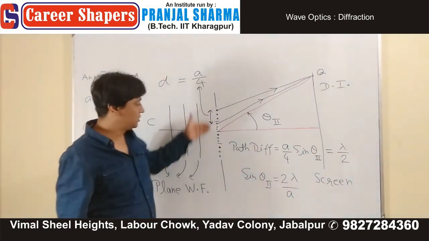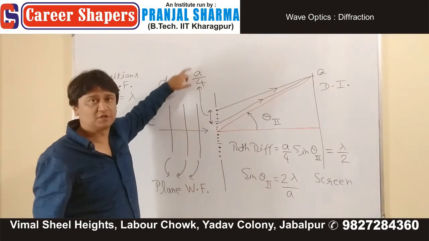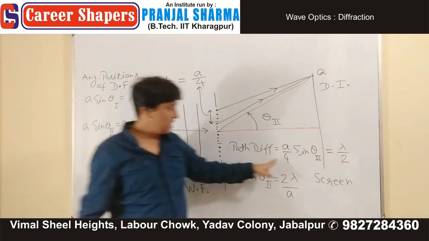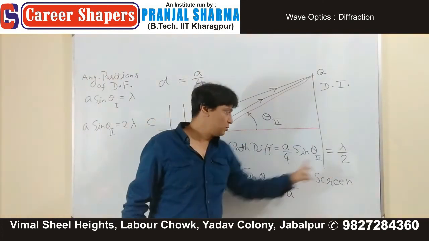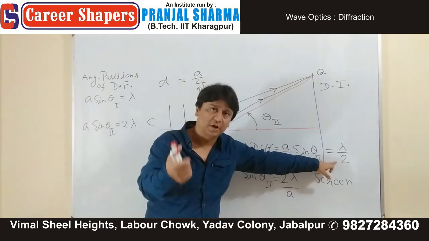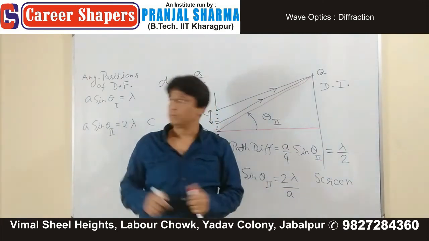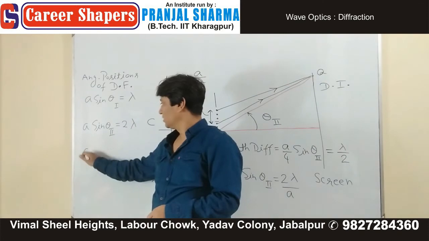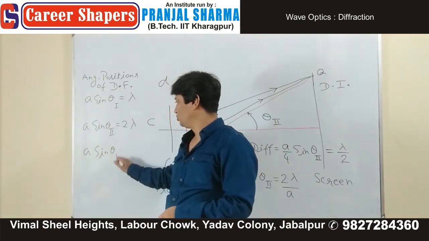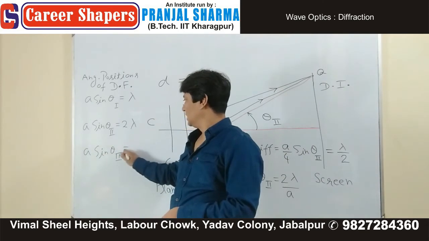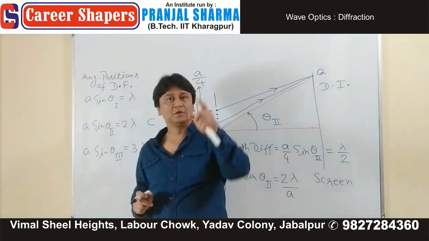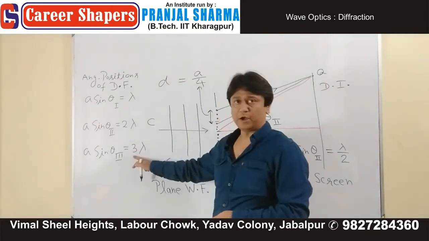If you divide the whole thing in 6 partitions, this distance will remain A by 6, and the path difference A by 6 sine theta is lambda by 2. Transfer 6. 6 upon 2 is 3. That means the third dark fringe will be given by 3 lambda. 6 partitions, 6 by 2.